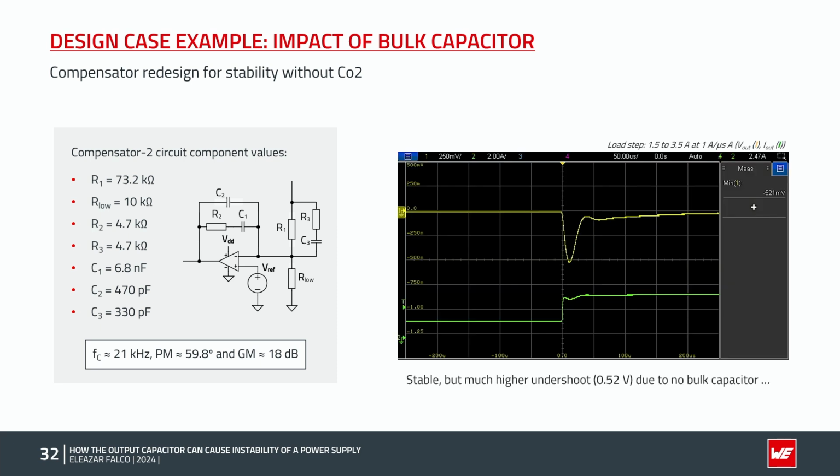Here we can see the transient response, which although it is stable, suffers from a much higher undershoot of 520 mV, as there is not enough capacitance for energy storage after removing the bulk capacitor CO2. This is around 7 times higher undershoot than before, as we had only 75 mV before. However, we were expecting that, so this is not a surprise.